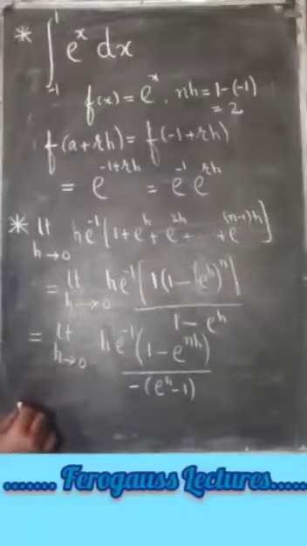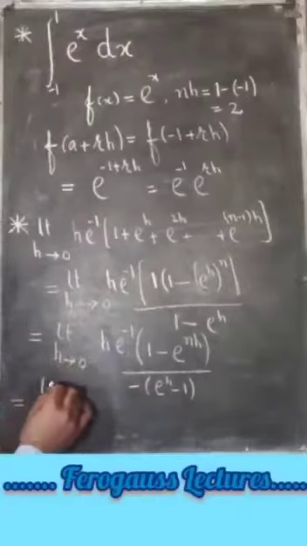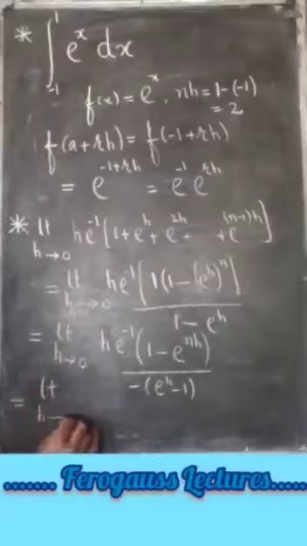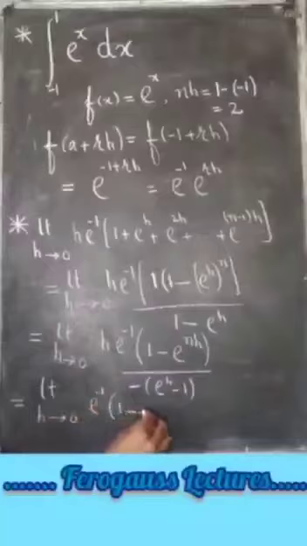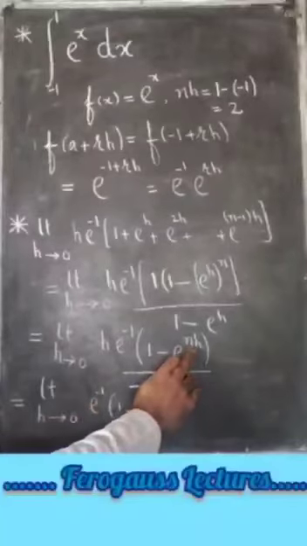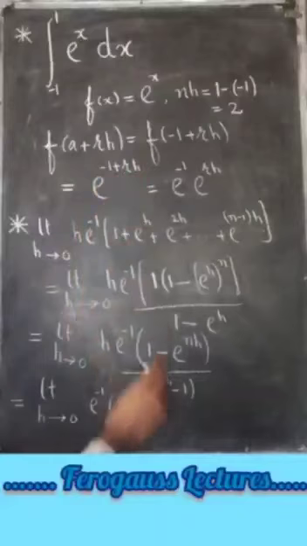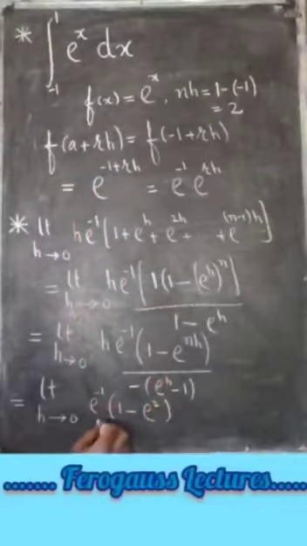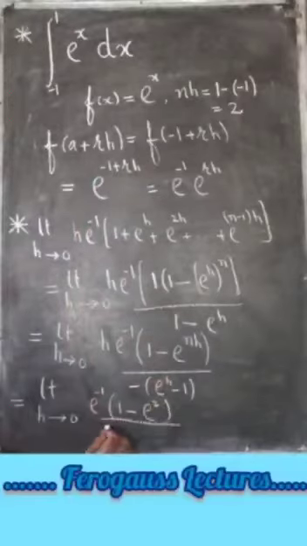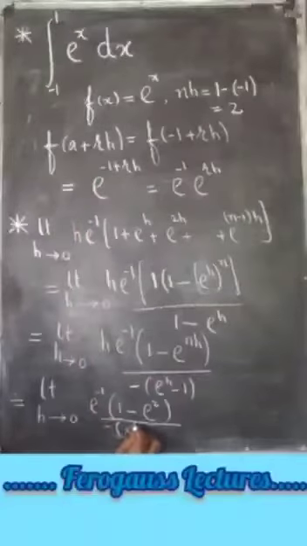Okay, now this is further equal to limit h tends to 0, h times e raised to power minus 1, 1 minus e raised to power nh. Now instead of nh we can write 2, as nh is equal to 2, so we get e raised to power 2 divided by minus e raised to power h minus 1 divided by this h.